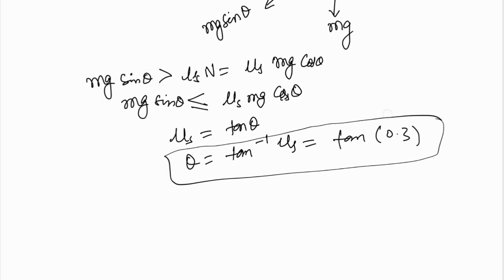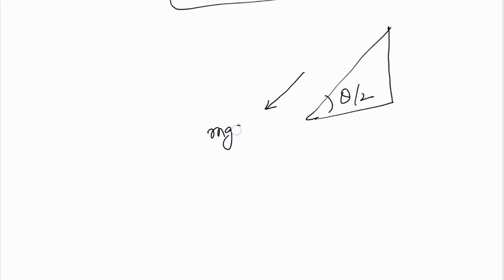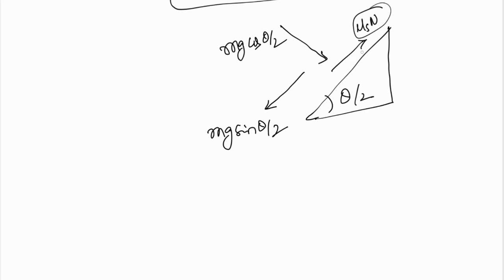So let's again take components at theta by 2. Like in part 1, if this is theta by 2, as we discussed in the first part, we can directly write mg sin theta by 2 as the parallel force, and this normal will be mg cos theta by 2. Friction will be upward, so mu s into N. This friction will just be stopping the block from slipping, so that force will be equal to mg sin theta by 2.